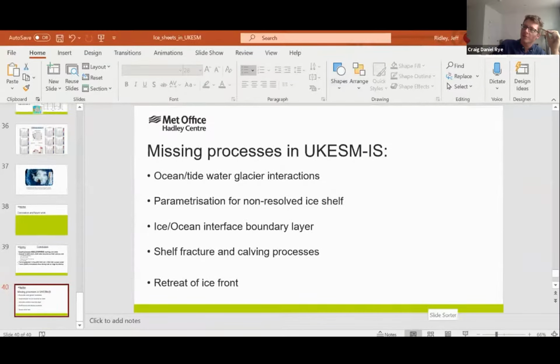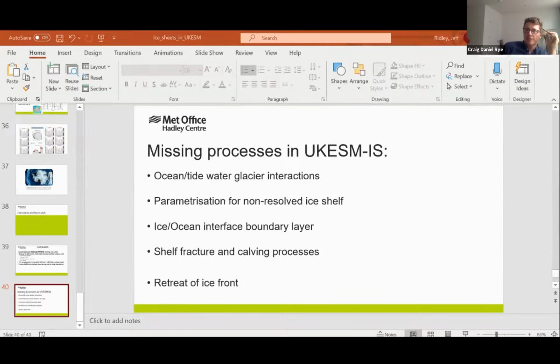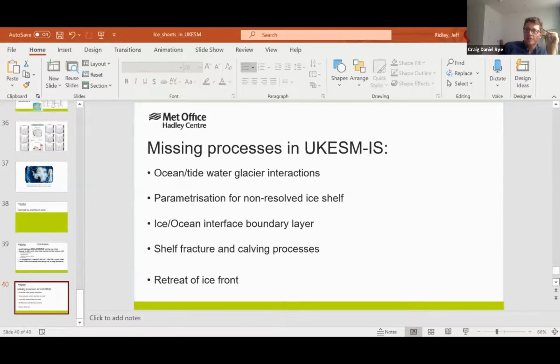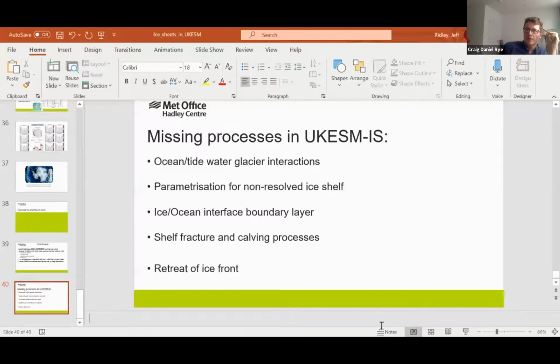I was hoping to reignite that conversation that was going on earlier about what's the best way to tune your exchange parameters at each ice shelf. But maybe I can chat to you guys offline about that. It looked as if she was saying that there's some kind of physical limits that one could use to constrain those parameters.